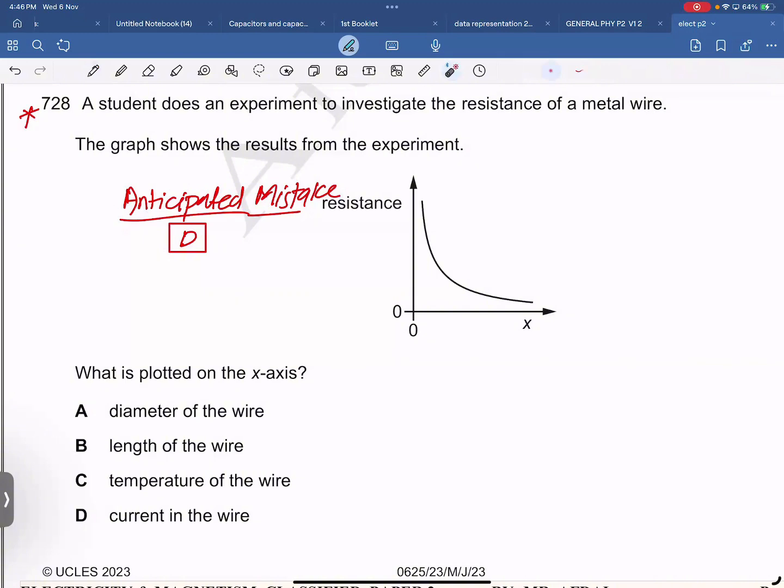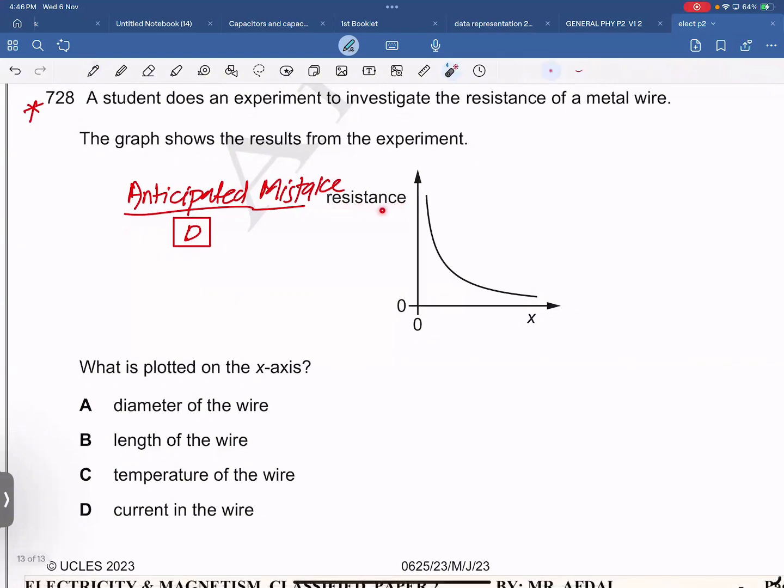Look, the question is y-axis is resistance, x-axis is I don't know what. That is, as x is increasing, resistance is decreasing. Anticipated mistake, students will say, since I equals V over R, if there is more current, there will be less resistance. Actually, this is a reverse relationship. Why?